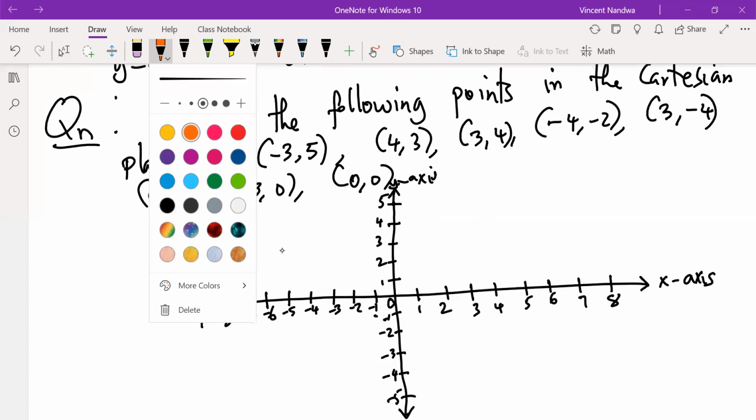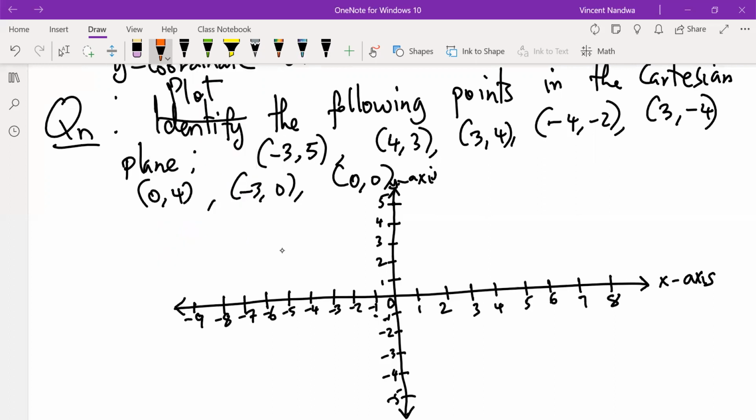Now the first point is -3, 5. So -3 means along the x-axis we are at -3, and then y is +5. So at this -3 on the x-axis, you move vertically 5 units parallel to the y-axis. The point of intersection here is what gives us -3, 5.